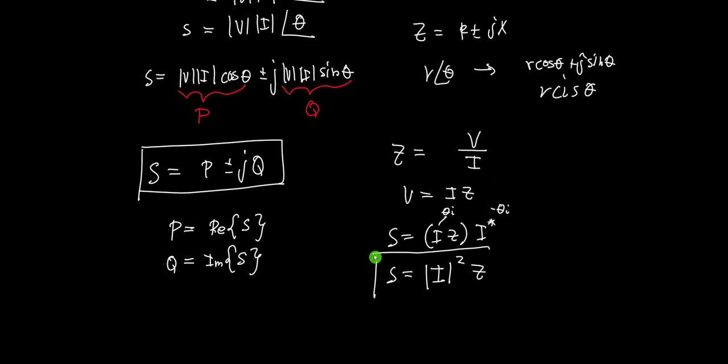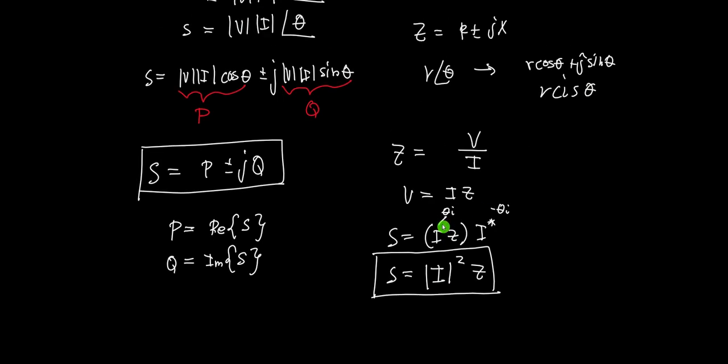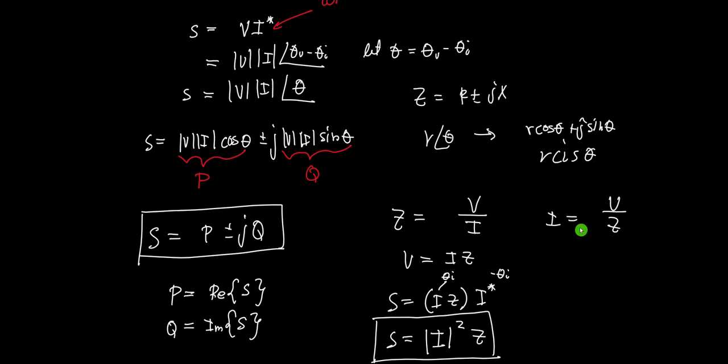So this is another formula. If you know the RMS value of the current, you square that and you multiply it with the complex impedance of the load, then you will find the complex power. But for the voltage, instead of current, if the current is equal to voltage all over Z, I substitute this into the equation V times the conjugate of I. To make this a conjugate, we make Z also a conjugate.